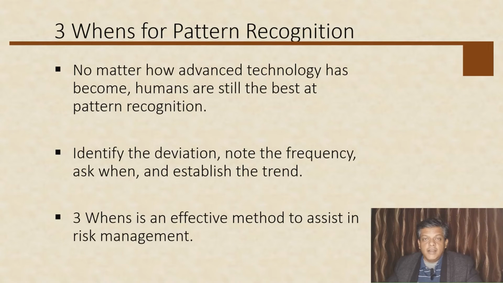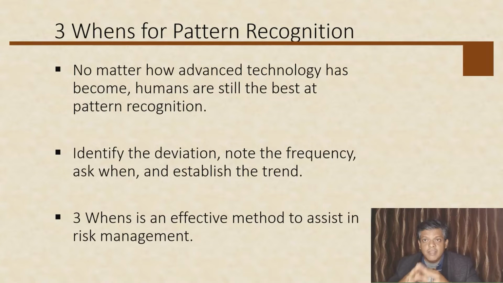I understand that many of you would be wondering what this 3 events is, and how such a simplistic technique would help us or anyone for that matter. But you need to understand that no matter how advanced technology has become, humans are still the best at pattern recognition.